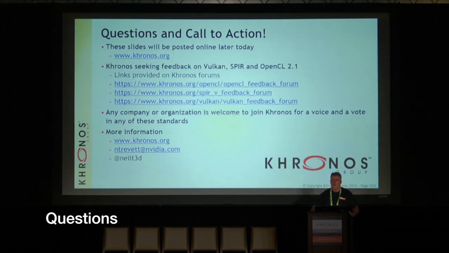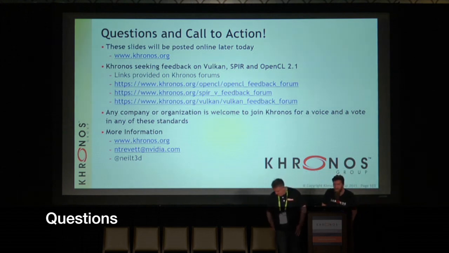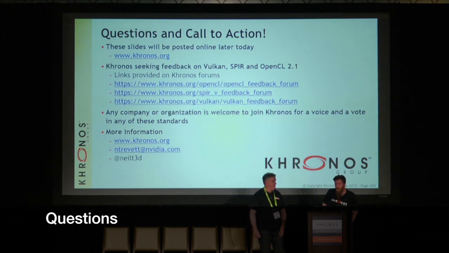So a while back it was mentioned that there was some talk about making SPIR interoperable with LLVM-IR. As far as I know, LLVM-IR is a constantly changing target. So, I mean, granted it was a proposal, but if you're going forward in that direction, would you be trying to keep up with the latest IR, or would you just be fixed on a certain version? Good question. So SPIR-V was created specifically to avoid having to interop with LLVM-IR.